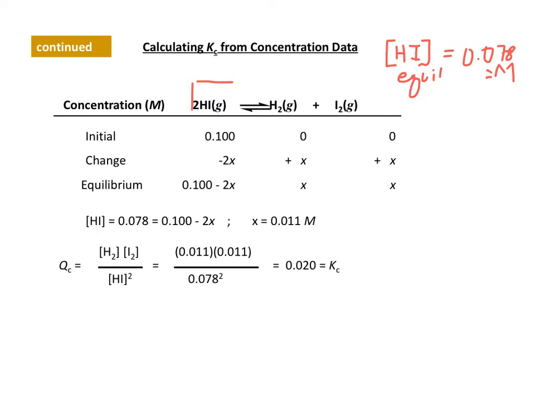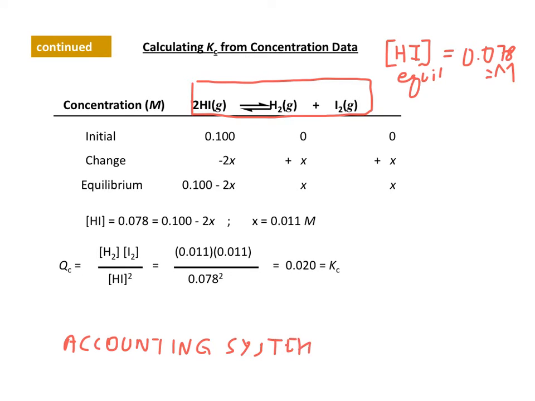And this is kind of an accounting system for chemicals. In much the way accountants keep track of dollars with credits and debits and such, this is a way we're going to keep track of what's happening to our products and reactants.